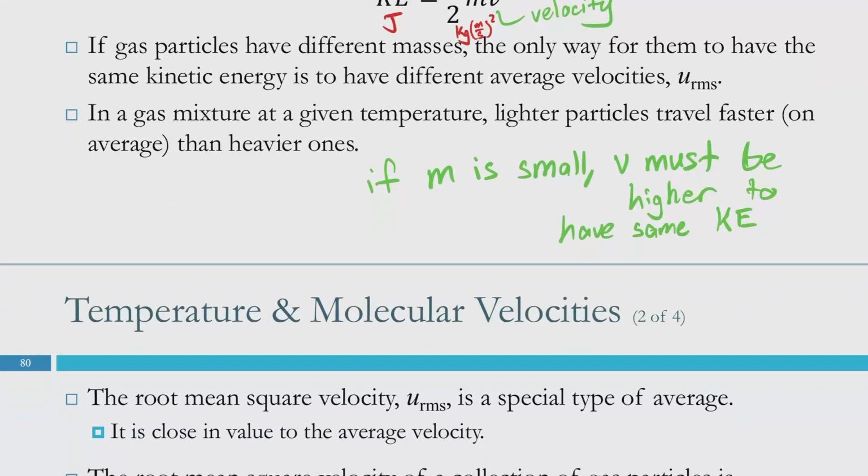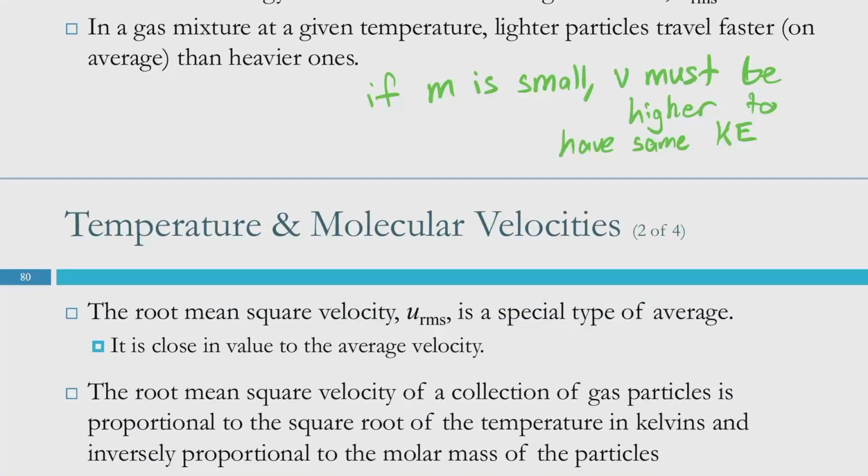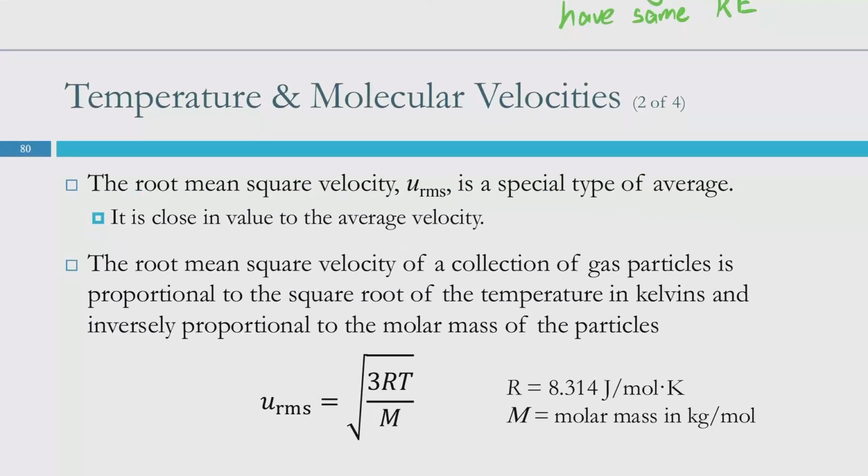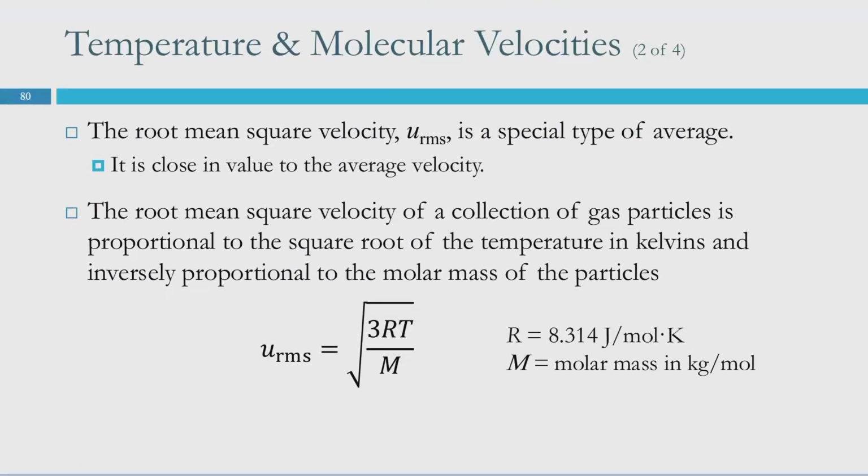And we'll often use the root mean squared velocity, which is a special type of average, instead of average velocity. So root mean squared velocity, I'm not 100% sure if this is u or the Greek letter mu, but it's one of those. You can just call it u, I don't really care.